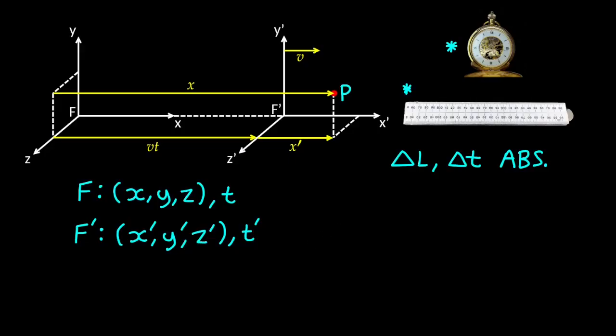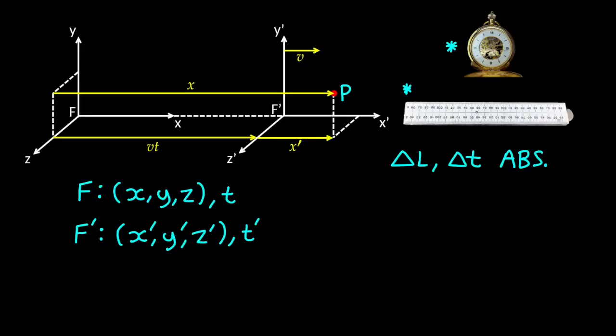For example, if we have meter sticks that are at rest with respect to one another, then we assume that they have the same length when they're in relative motion with one another. And also, when the clocks are synchronized and calibrated at rest, their readings will agree even when they're in relative motion with each other.